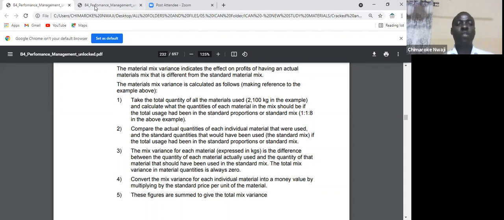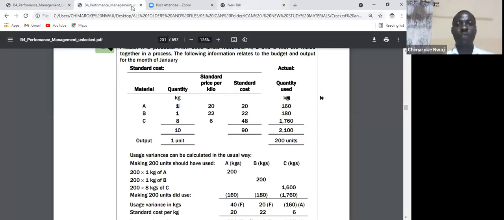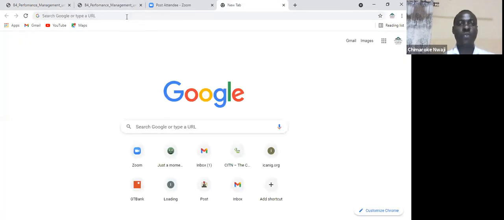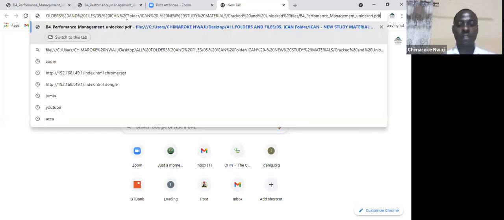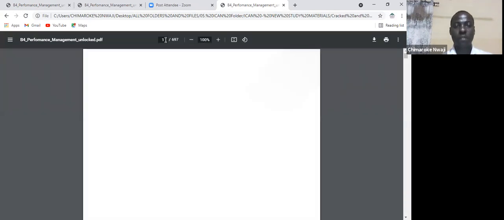So we're going to take a question now, and we're going to look at these steps and see how we can follow them. This is page 231.